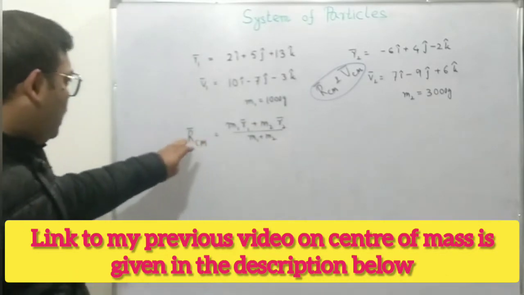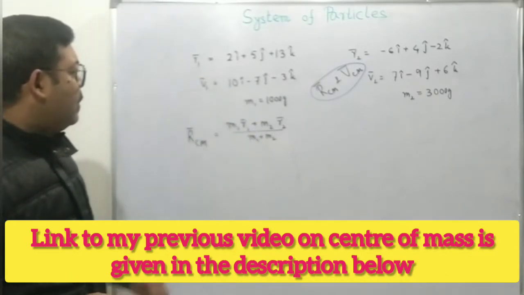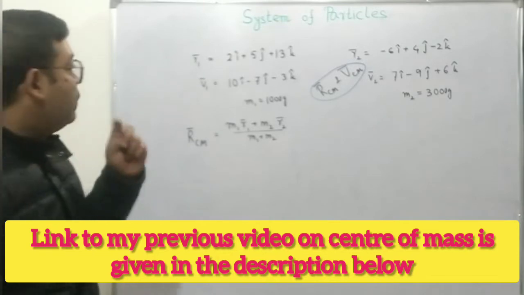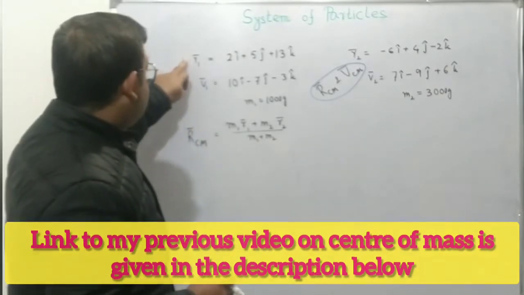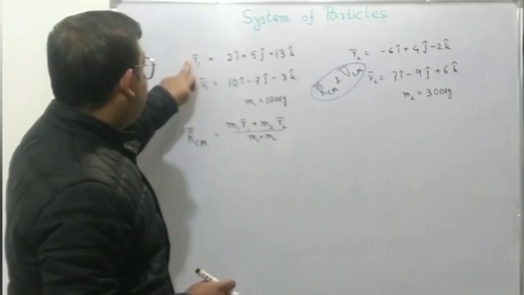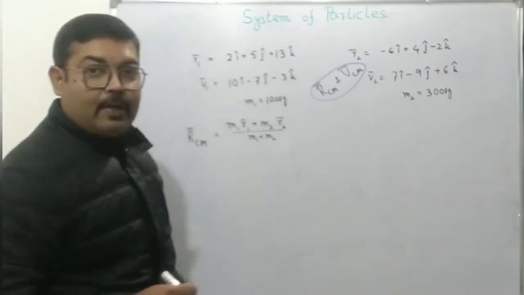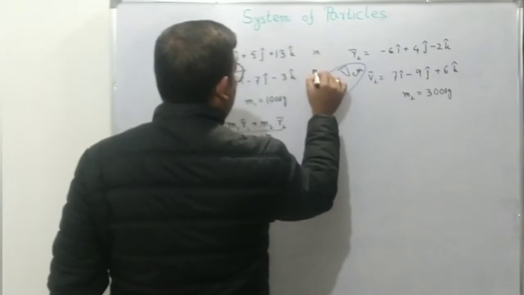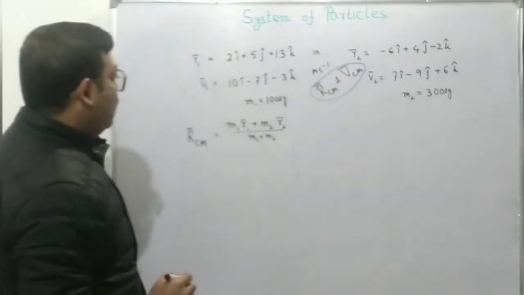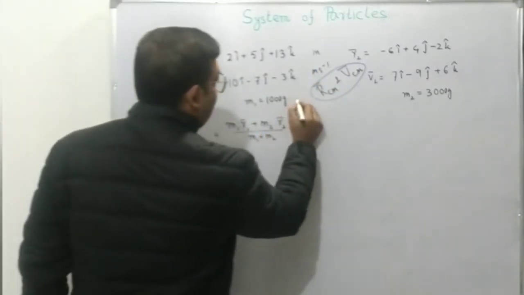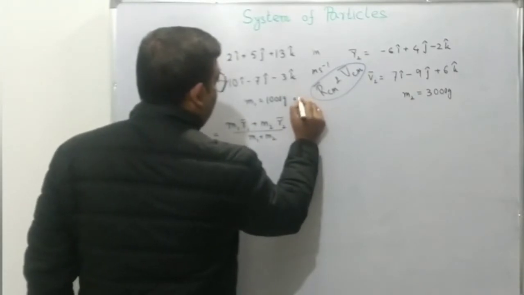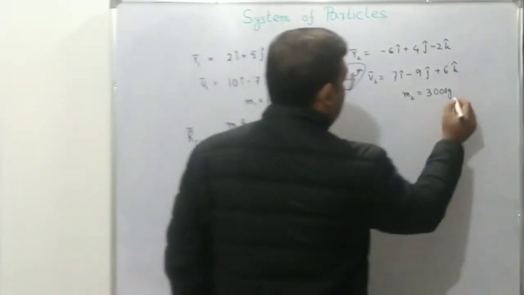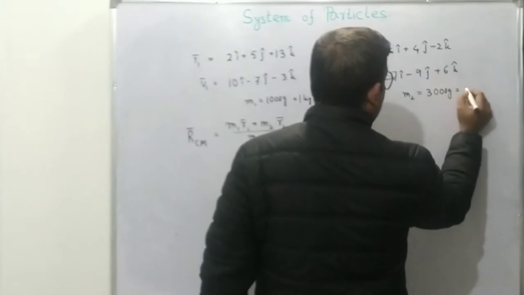Okay, so if you substitute the values and use the proper units, because these position vectors and the velocity vectors are given in meters and meter per second respectively, the masses have to be converted into SI, so that will be 1 kg and this will be 3 kg.